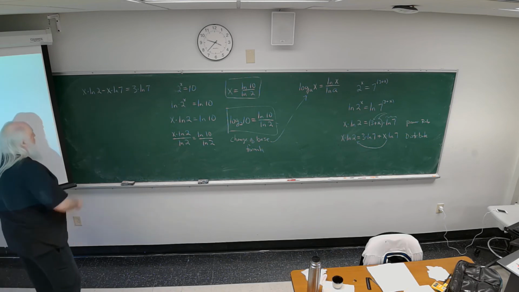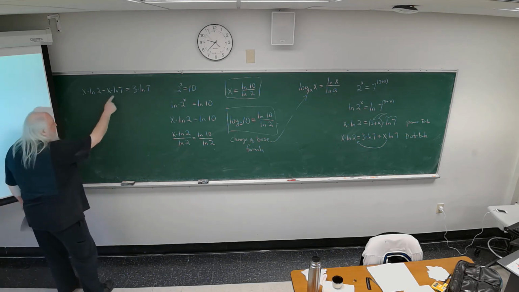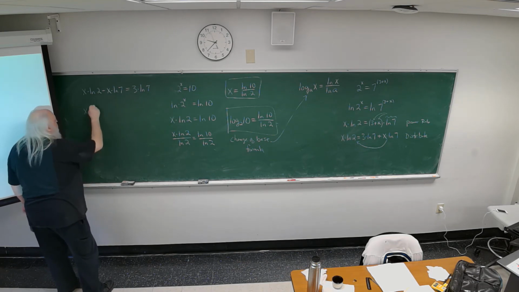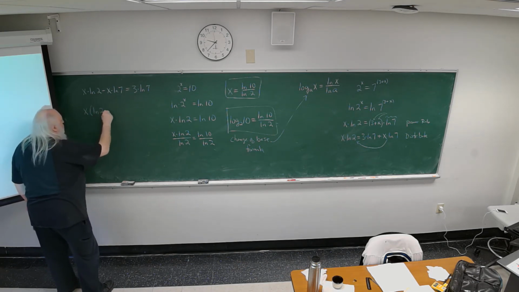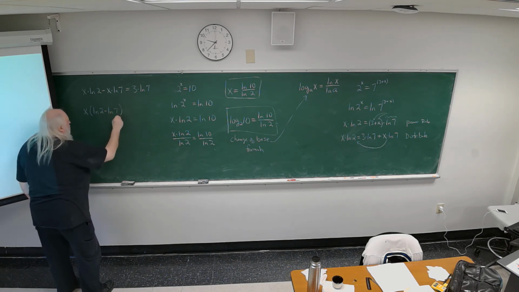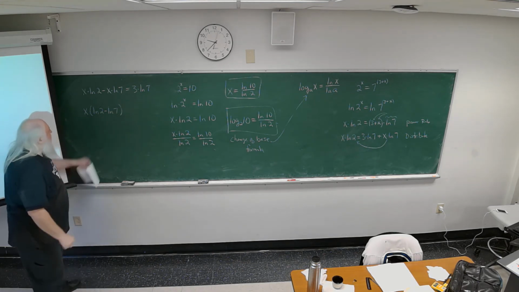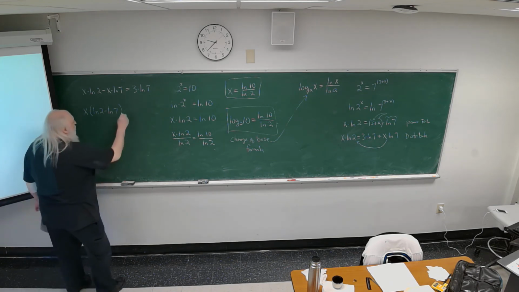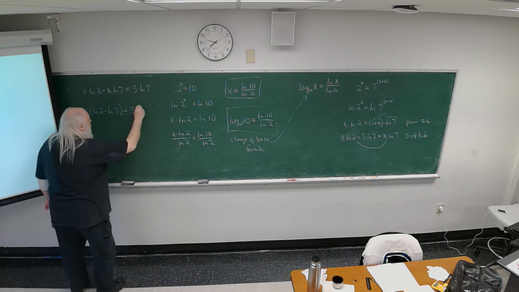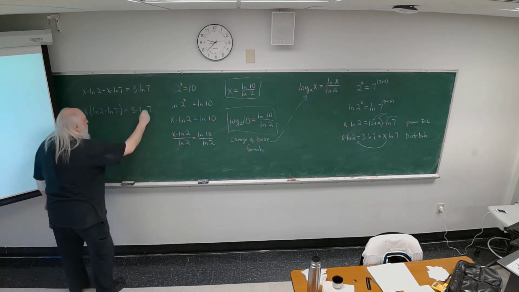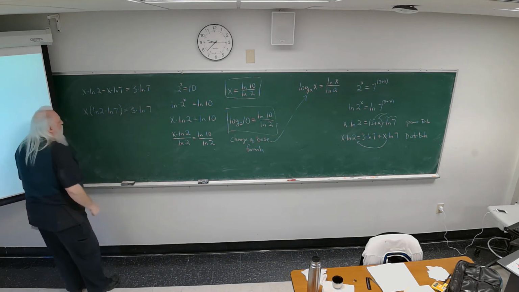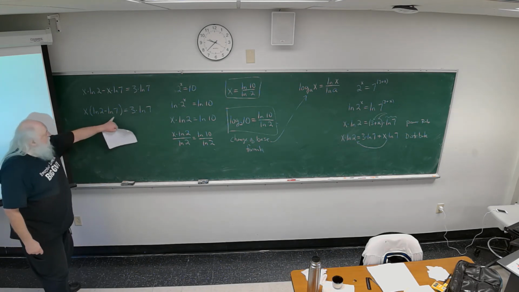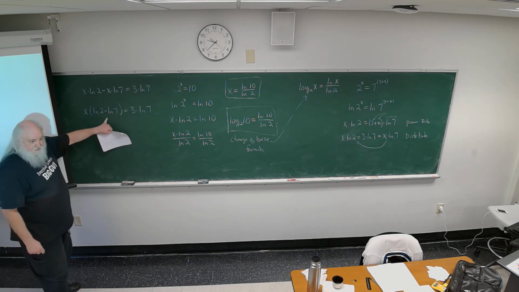All right, so on the left here, we have a difference of 2 terms. x is a common factor, so we can factor out the x to the left. And we're left with natural log of 2 minus natural log of 7 in parentheses is equal to 3 times the natural log of 7. This is a product. So now I can divide both sides by what's inside the parentheses.